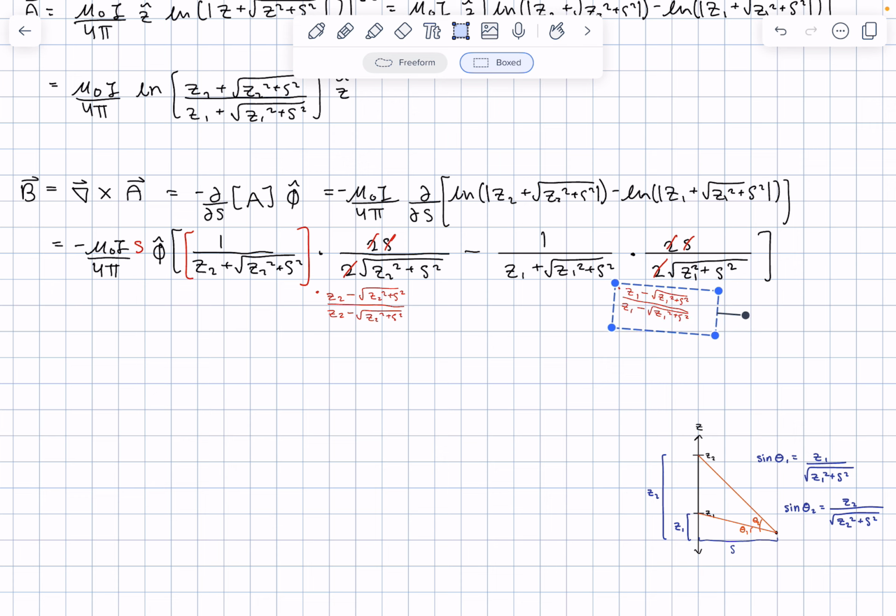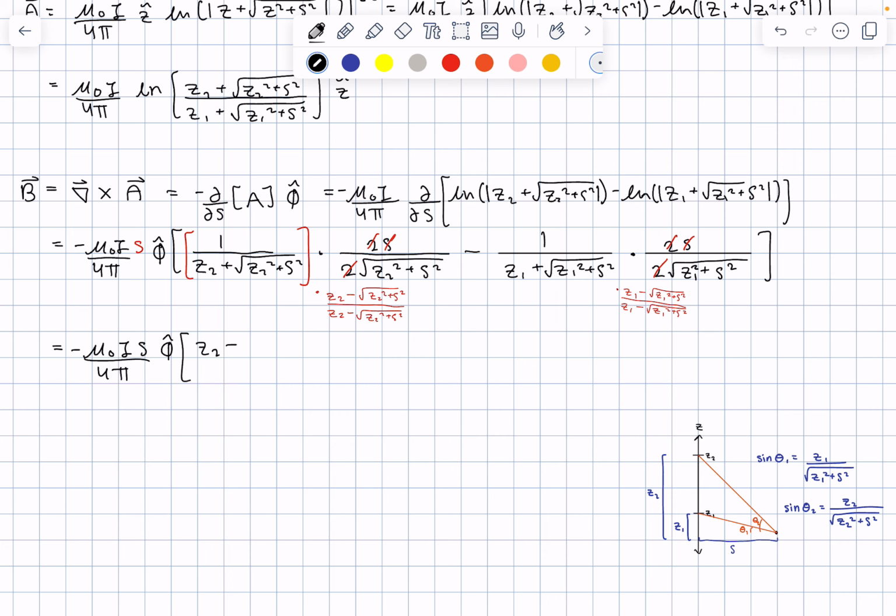And then when we rewrite this, we're going to get that this is equal to negative mu naught I s in the phi hat direction over 4 pi, and then we'll have z2 minus the square root of z2 squared plus s squared over, when we multiply it out, we're going to have z2 squared and then minus z2 squared, and it would be plus s squared, but that negative gets distributed, so we will have minus s squared.